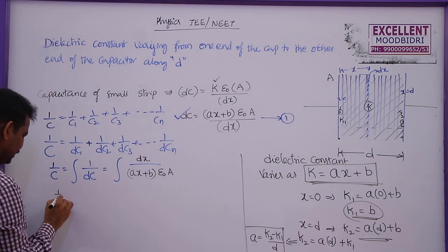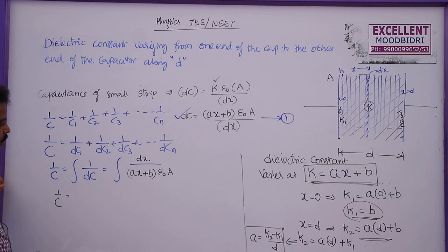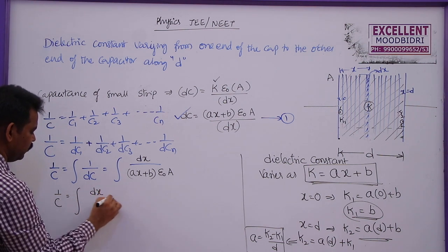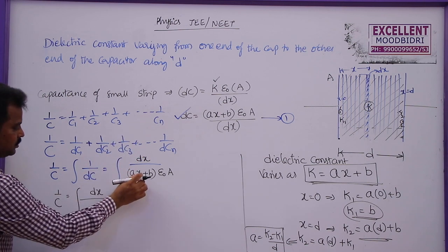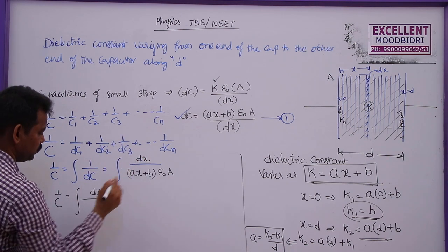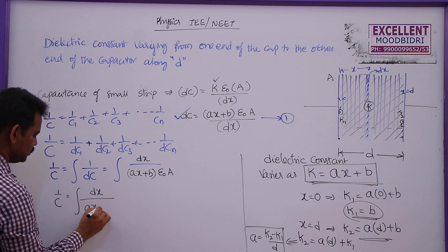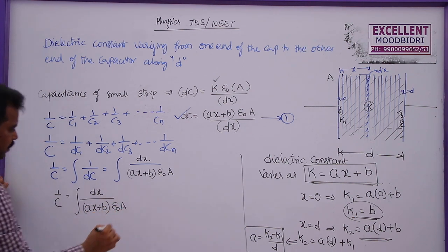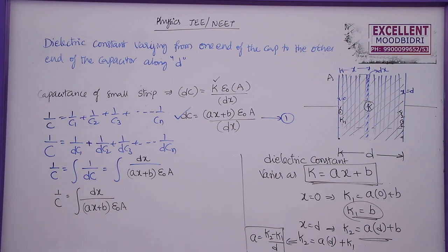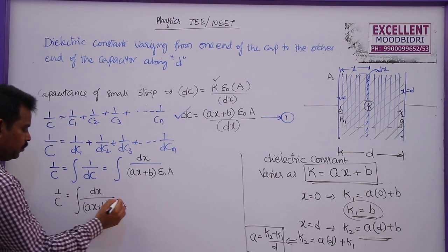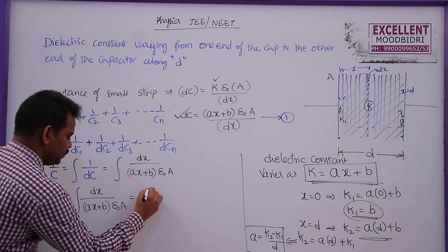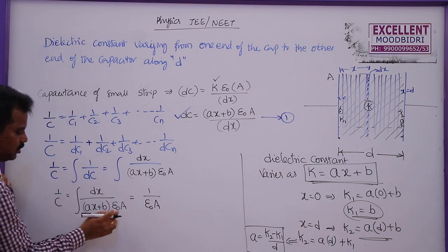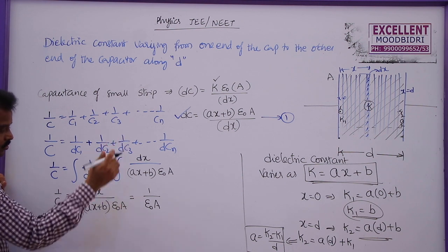So this 1 by C can be written as integral of dx, the width of the small step, by (ax plus b) into epsilon naught A. Bring the constants outside. So this will become 1 by epsilon naught A, since epsilon is constant and area of the plate is constant.